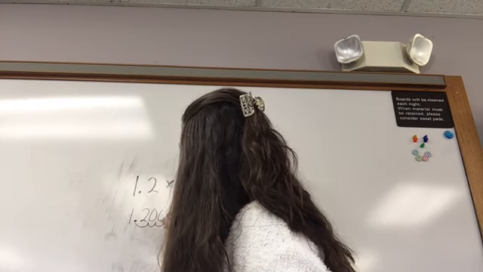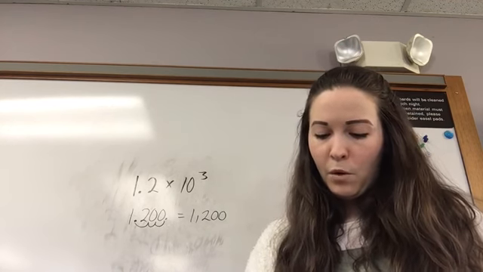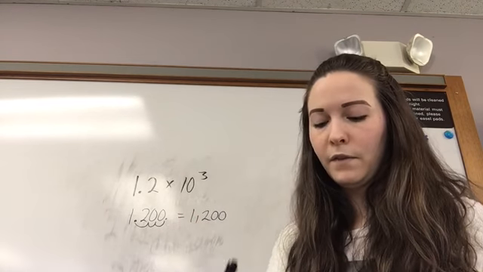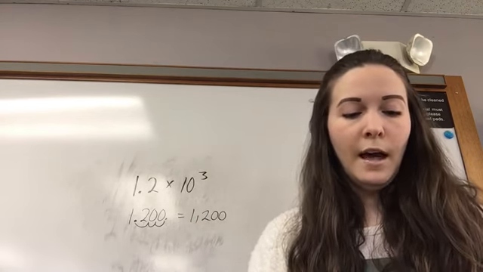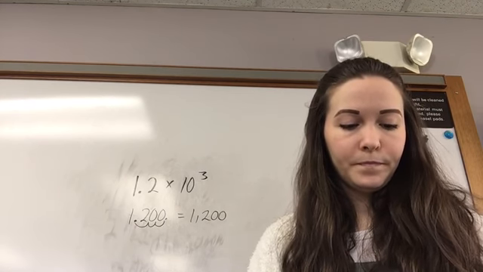So therefore, 1.2 times 10 to the third power, our final answer, equals 1,200. So remember to fill in those empty places with zeros. All we're doing is taking that decimal point, counting it off the number of places that we're given, and filling in those empty places with 0.